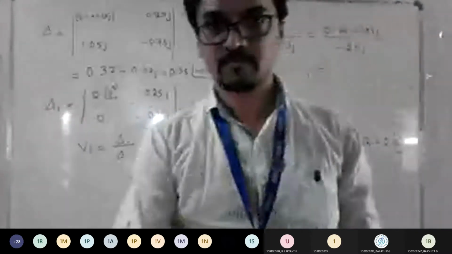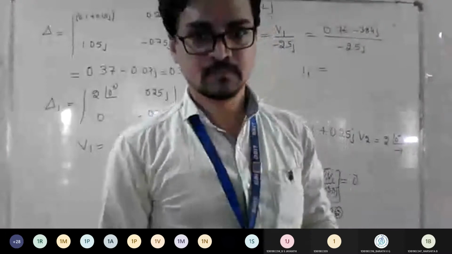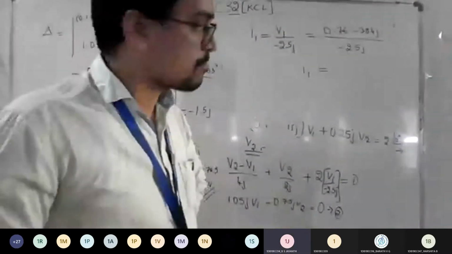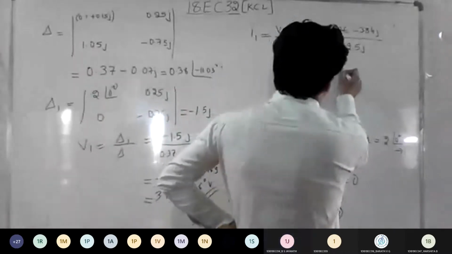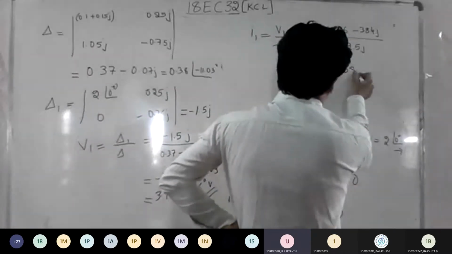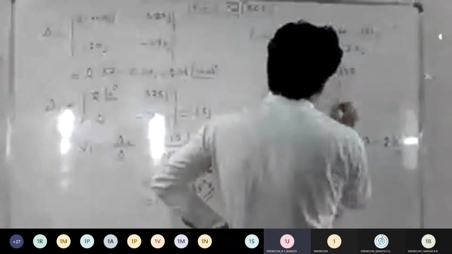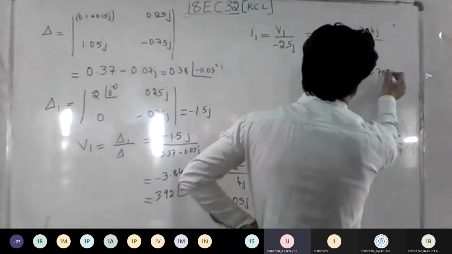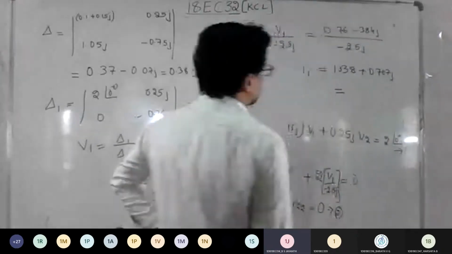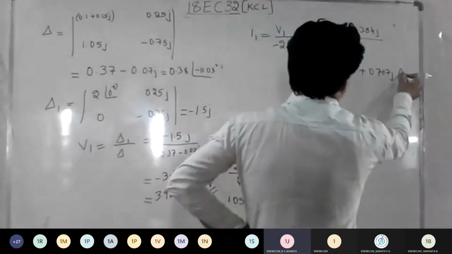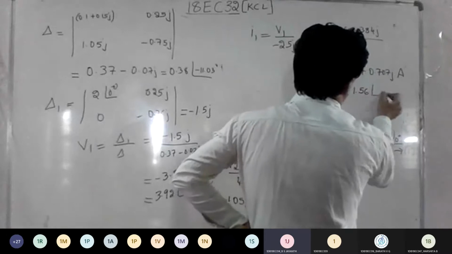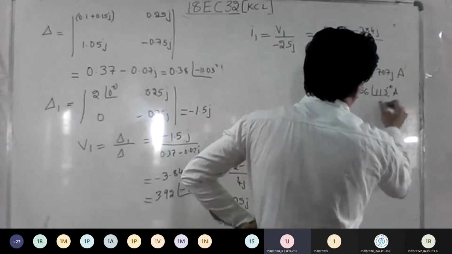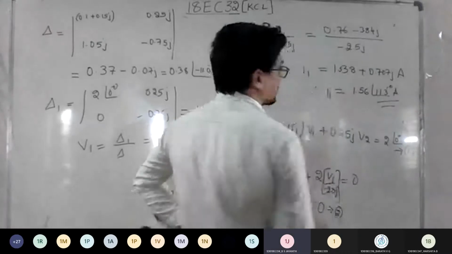So tell me. Sir, in rectangular form we get 1.538 plus 0.707j, sir. Okay, in polar form, 1.5688 at an angle of 11.31, sir. Okay, good. So don't forget to write the unit, amperes.